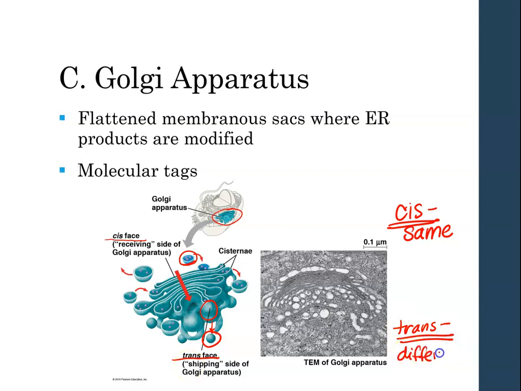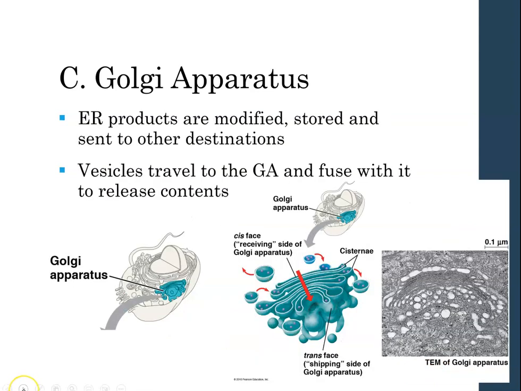The opposite side, away from the rough ER. So in our Golgi apparatus, as our products move through the Golgi, those ER products are going to be modified. They might be stored for a bit, but they're basically going to be finished off so that the final product is ready to go once that vesicle is ready to leave.